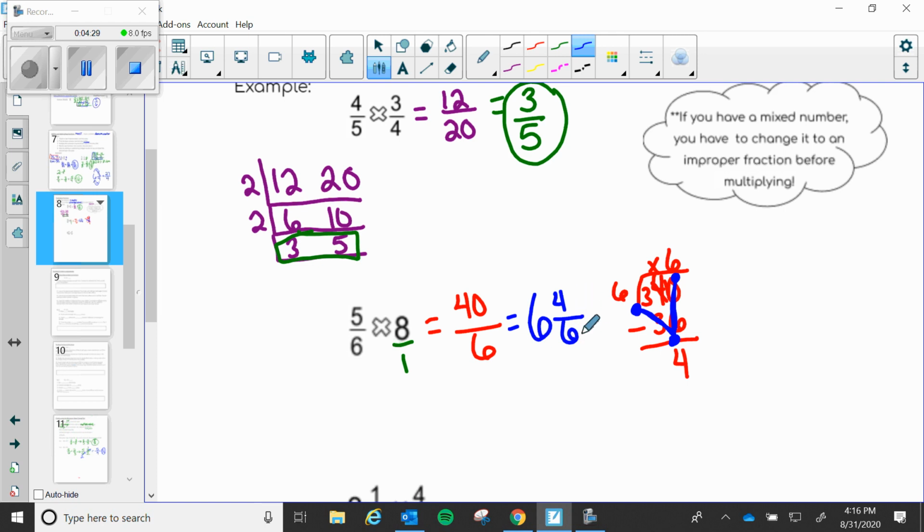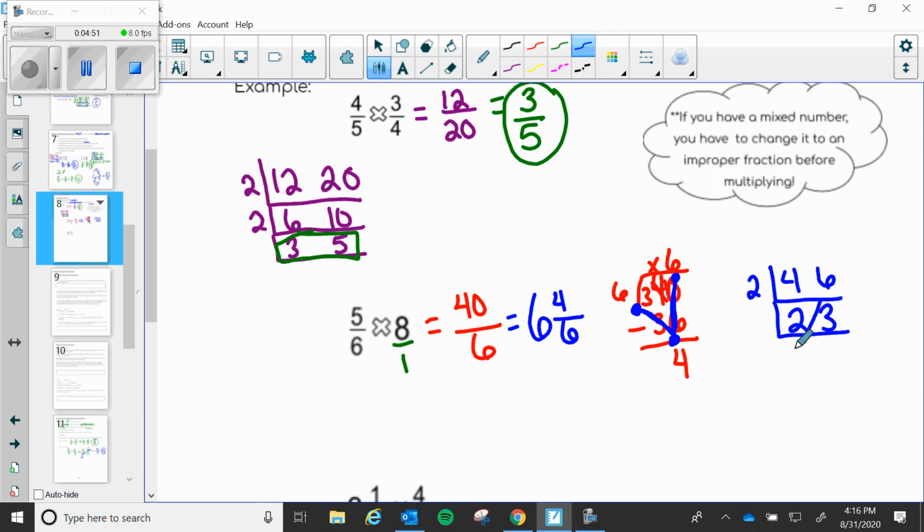Again, let's take this one step further. 4 and 6 can actually be simplified. So you can put that in your ladder. 4 and 6. 2 is a factor of both. 4 divided by 2 is 2. 6 divided by 2 is 3.